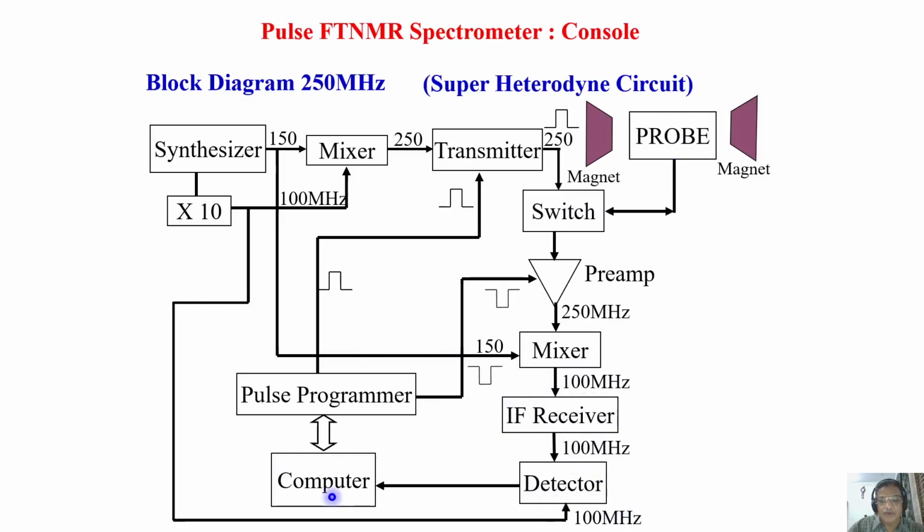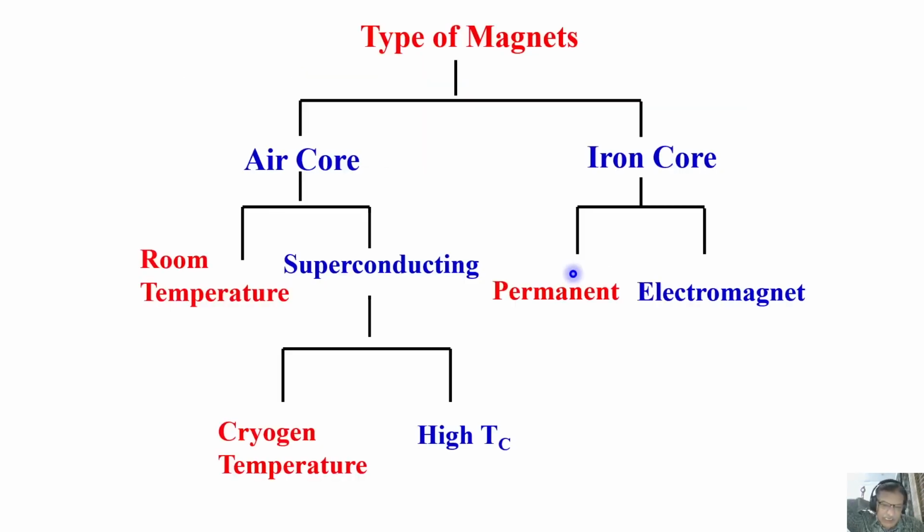The signal is sent back to the computer, and through the computer we can also control the pulse programmer, monitor the transmitter frequency, and the preamplifier and everything is controlled by these. So this is basically a block diagram of a 250 megahertz console. Each and every component needs a detailed discussion, so let us not worry too much. I just wanted to give you a brief, bird's eye view of the NMR console.